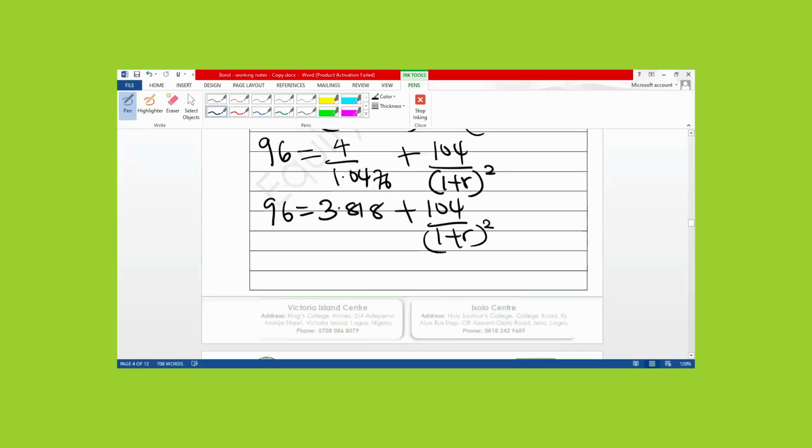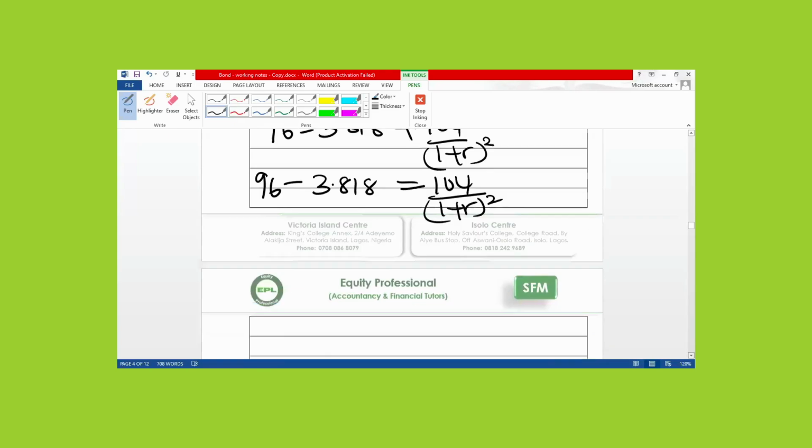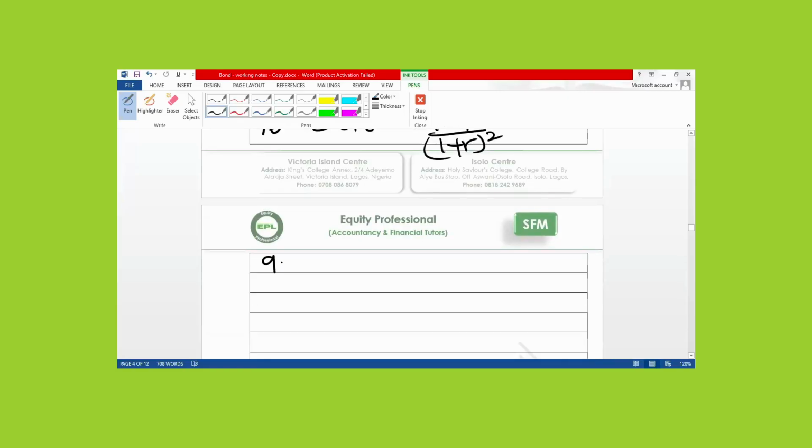We can collect like terms. 96 minus 3.818 is equal to 104 divided by 1 plus r raised to power 2. 96 minus 3.818, I have 92.182, equal to 104 divided by 1 plus r raised to power 2.